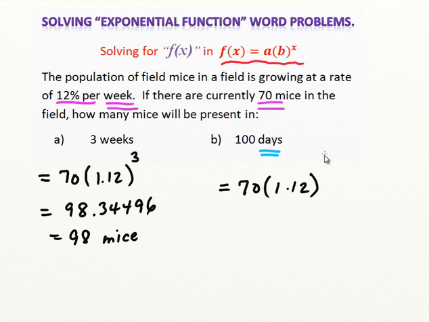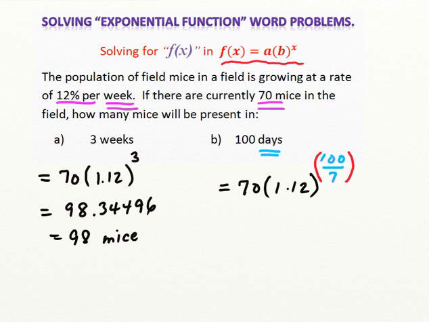100 days needs to be divided by 7 in order to be expressed as weeks. And when you're entering this into your calculator, you are likely going to want to use brackets around the exponent to make sure that when you raise that base of 1.12 to an exponent, you do the division and you get 100 divided by 7 as your appropriate exponent.